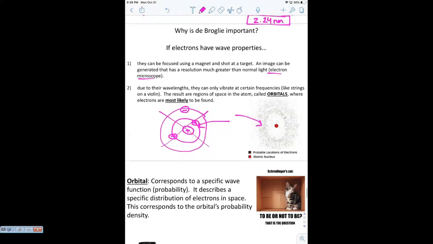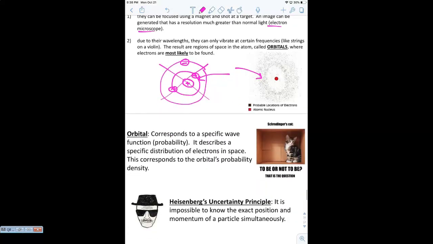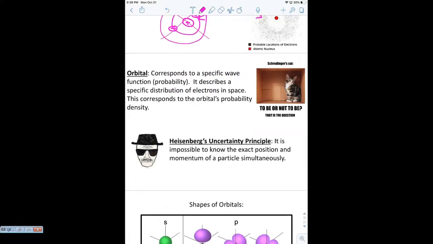Here is the definition of an orbital, which is what we just talked about, that non-perfect circle. Schrödinger was one of the scientists who contributed to this current idea of what the atom looks like. That's Schrödinger's cat.